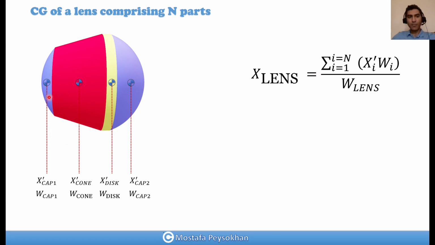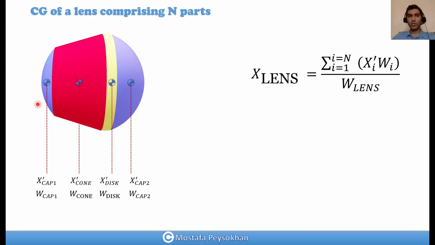So for cap 1, we have x prime. You remember that in the previous equation we used x, but x prime is the distance from any reference. For example, if you start from here, x prime is this distance. We should be very careful because, as I mentioned, x is from the flat surface. So x prime is the center of gravity of the cap.